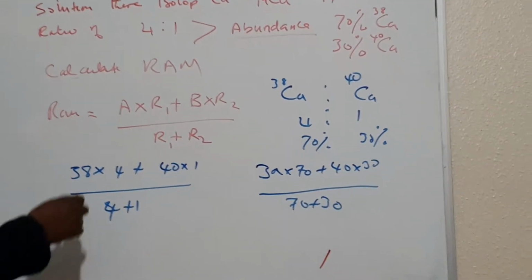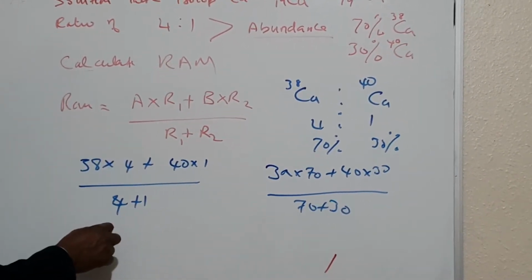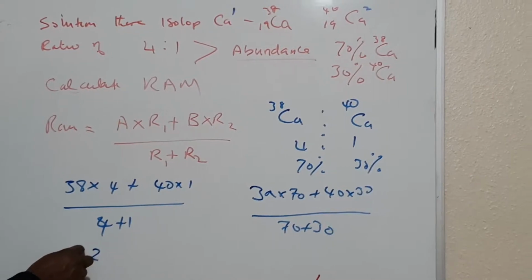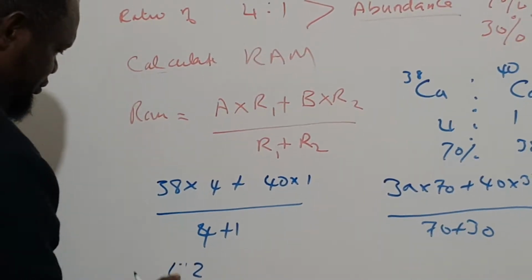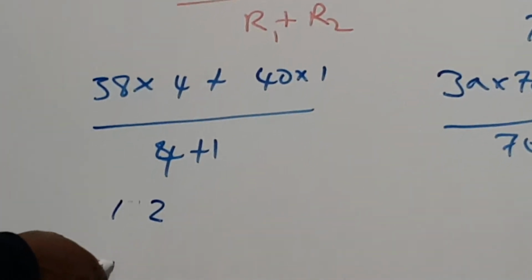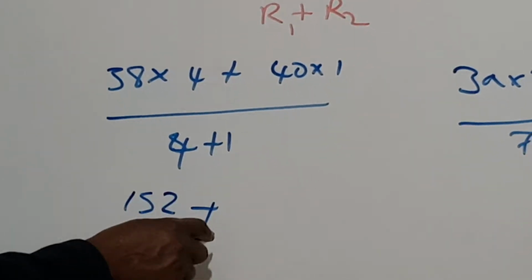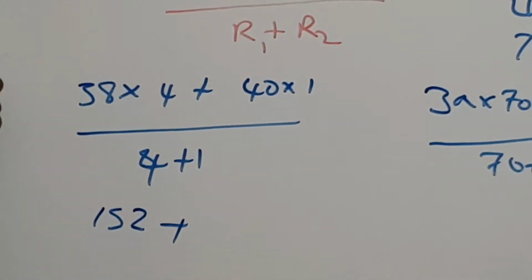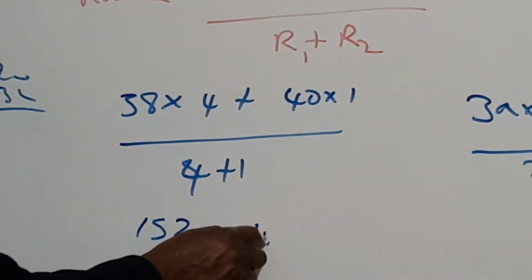Now this one: 4 times 38. 4 times 8 is 32, 2 remains, carry 3. 4 times 3 is 12, plus 3 is 15. So that is 152. Plus 1 times 40, which is 40.